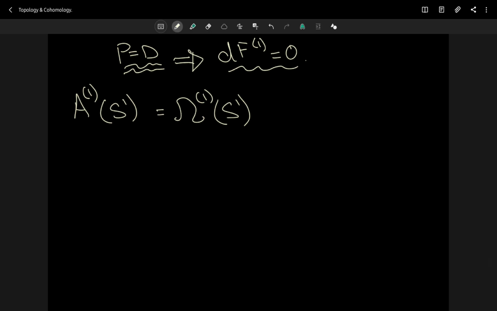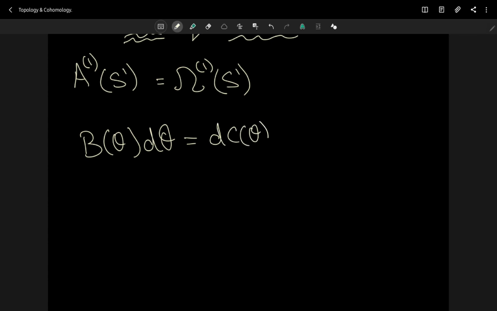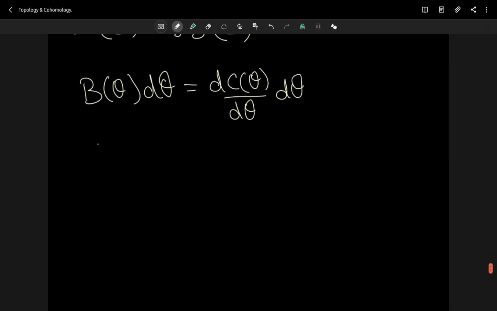From our previous argument, what we want to do is find b of theta d theta equal to dc of theta over d theta times d theta, which we could try to get from this thing, that c of theta, which comes from the fundamental theorem of calculus, is the integral of b of theta d theta.